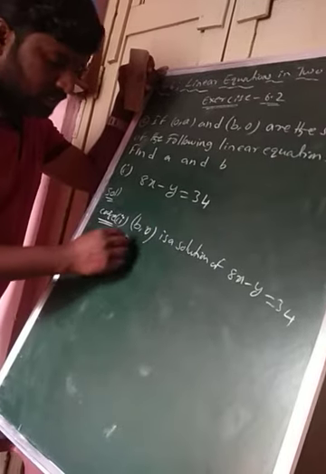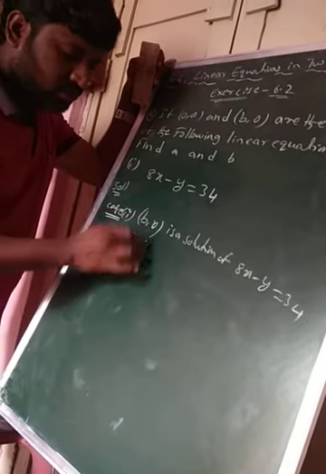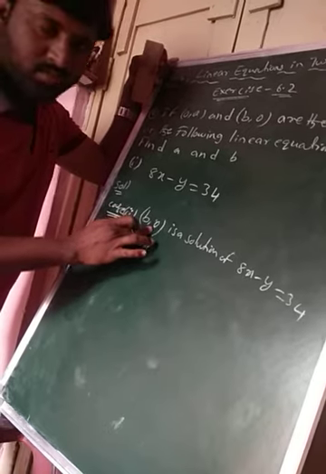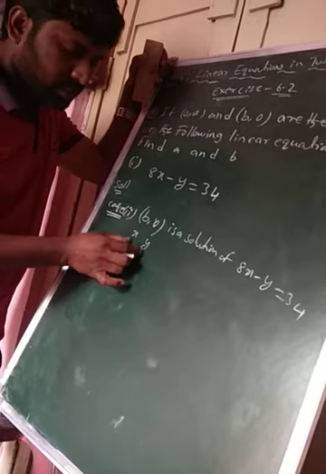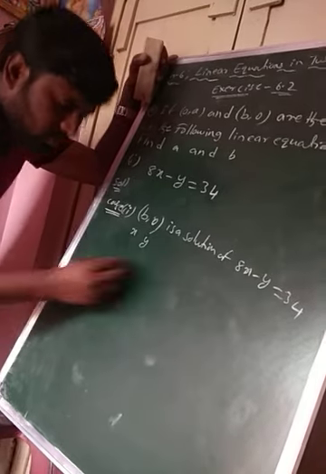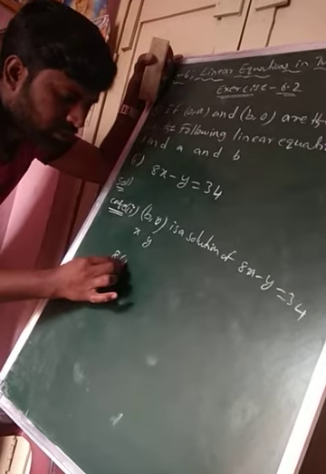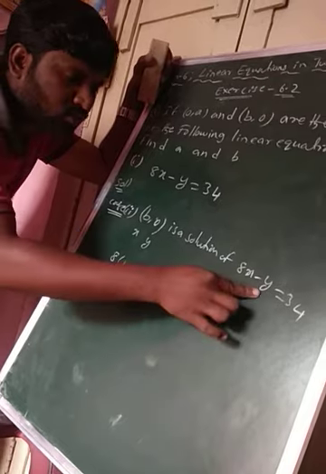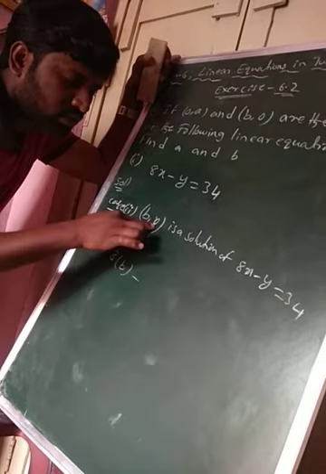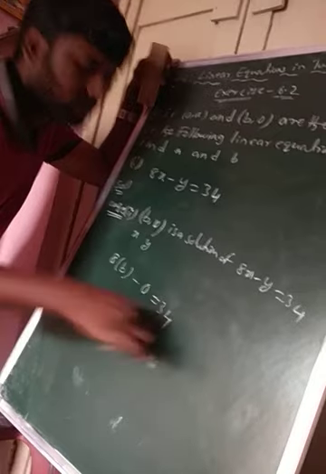So we take x equal to b and y equal to 0. Now I am going to substitute the x and y values in the place of x and y. 8x means 8 of b, minus y, the value of y in this case is 0, equals 34.